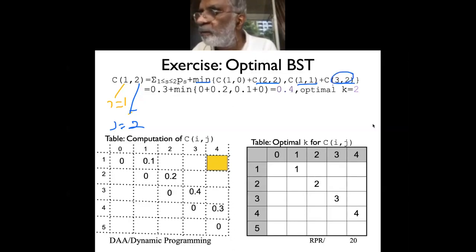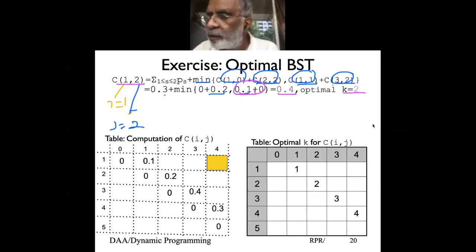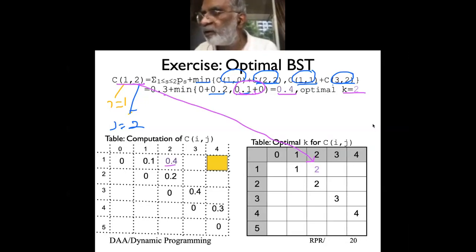Now this is 0, this is 0, what I am left with is C22, which is P2, and C11, which is P1. So C22 is 0.2, C11 is 0.1, so it is this term that gives me the minimum. So 0.1 plus this term, P1 plus P2, which is 0.3, I get 0.4. Because k equal to 2 gives me the optimal, I choose k equal to 2. So that means for C12 I put the value 2 there, and I fill in the value 0.4 and put the value 0.2 here.